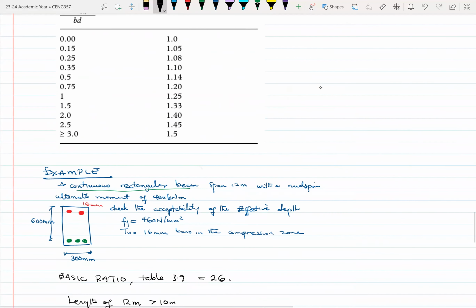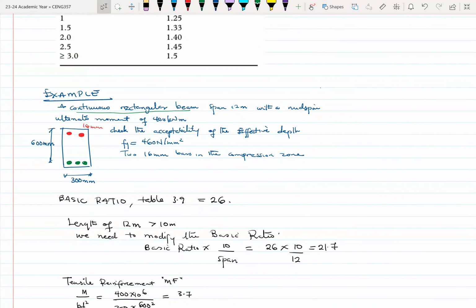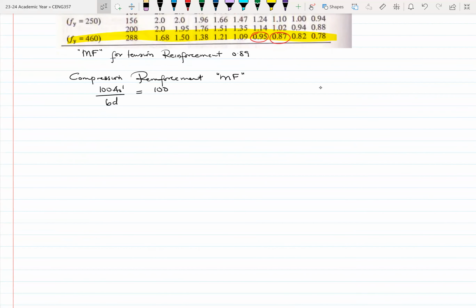Since there are 2 16 mm bars, the area for 1 16 mm bar, let me just put that on the side, maybe a different color. So area of one 16 mm bar is about 201 millimeters squared.